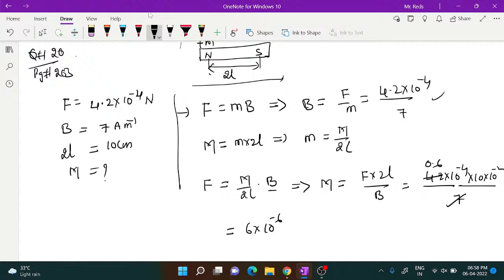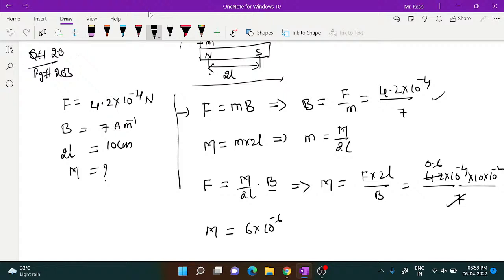First option is given as 15 by pi. I think they have used this terminology in a different way. If it is magnetic field, you will get this only. But if it is magnetic field intensity, we have to use a different term. What is this M?